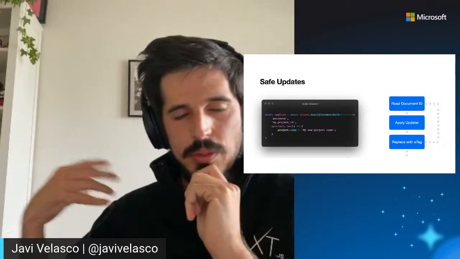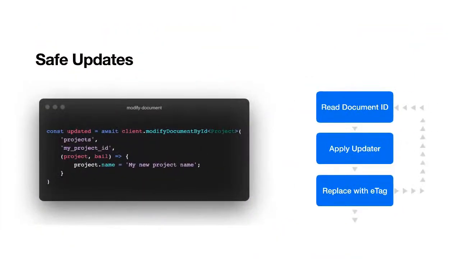Another one that is one of my favorites when it comes to reliability in our system is the ability to perform safe updates, avoiding race conditions and potential data loss. In systems where we are processing, like in ours, thousands of requests per second, and we have spawned jobs that are processing and accessing and mutating the same data concurrently, there is a very high risk of overwriting data because of race conditions.